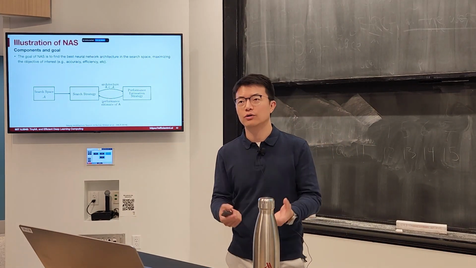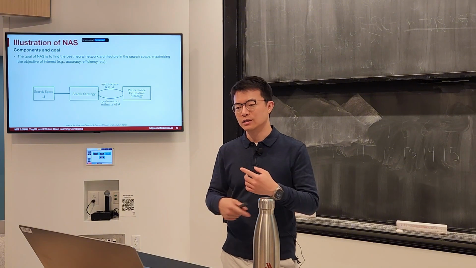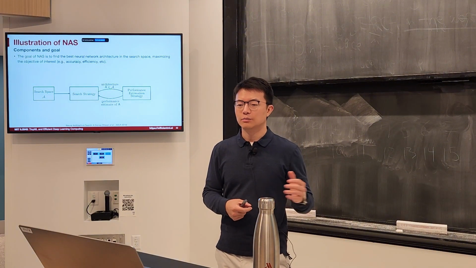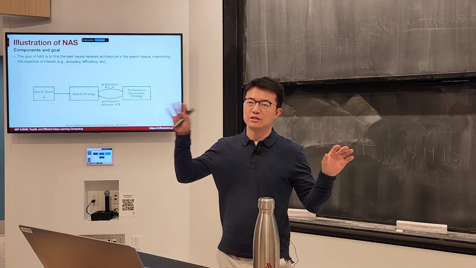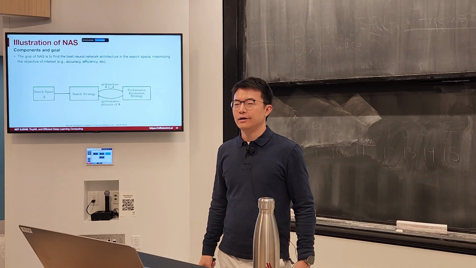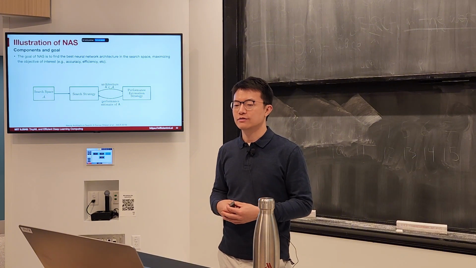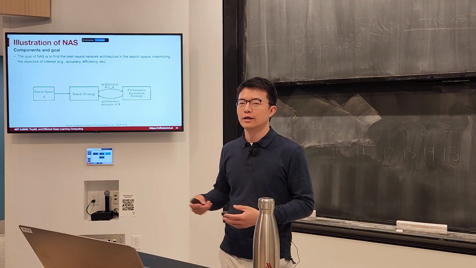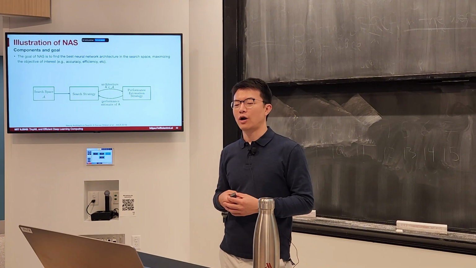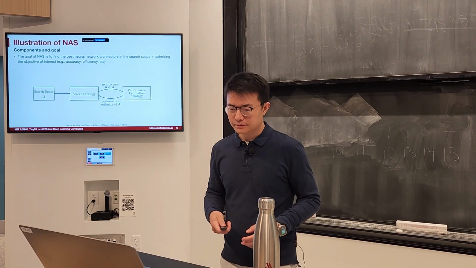If you find a good model, you can stop this iteration. Otherwise, you want to continue this iteration, propose a new architecture, estimate the performance, estimate the efficiency, such as latency, energy, storage, different perspectives, and also accuracy for sure. Give the feedback and repeat the search process again until you find a model that fits your need.